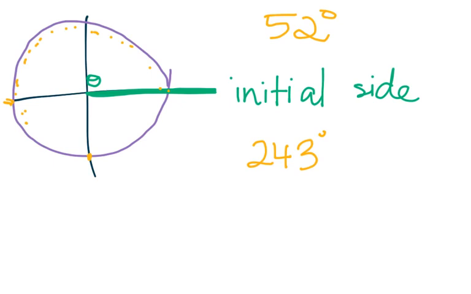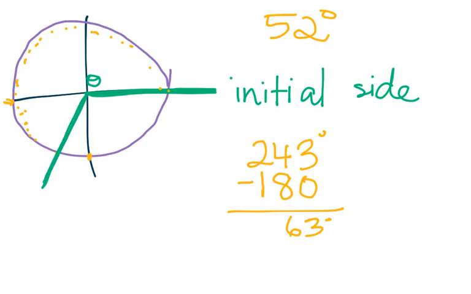Well, how far down am I going to draw it? Well, it's going to be past 180. How far? Just do a little subtraction. And so it's going to be drawn, that's 45, like around here. Okay.